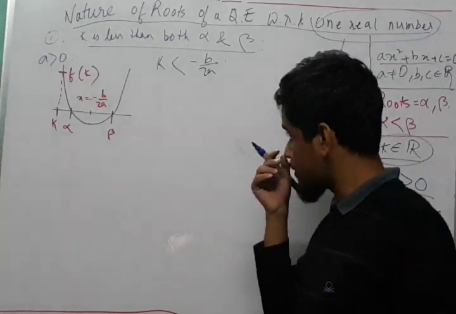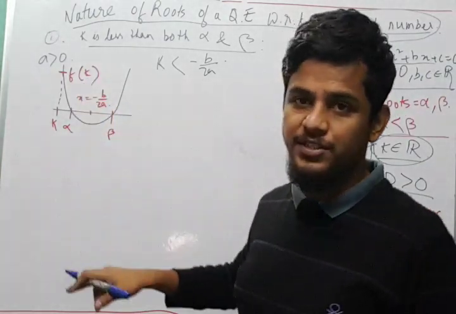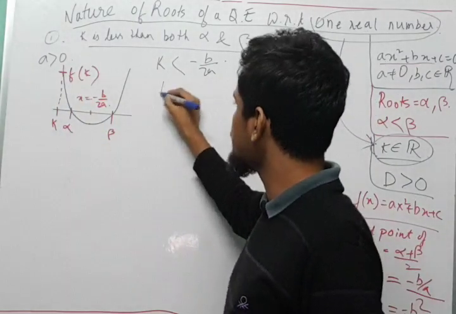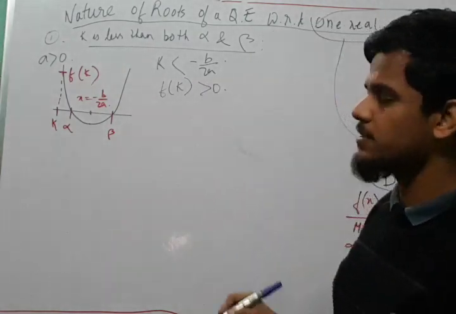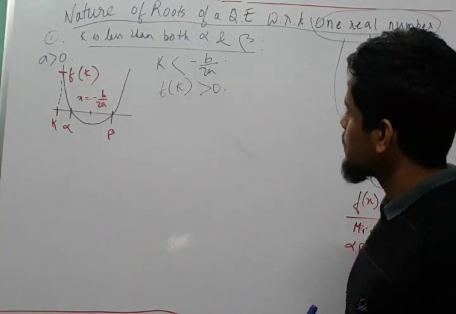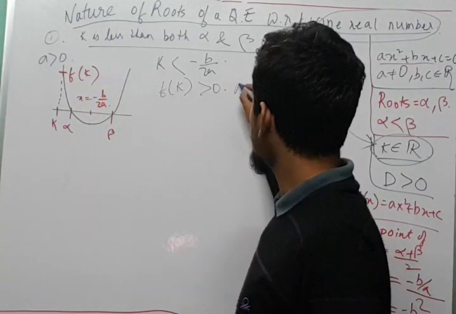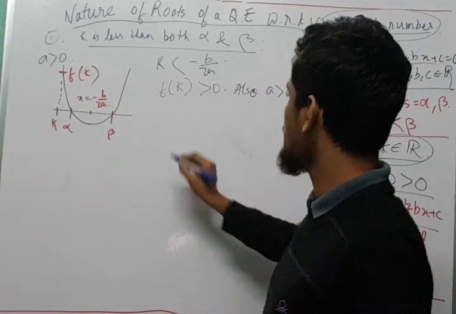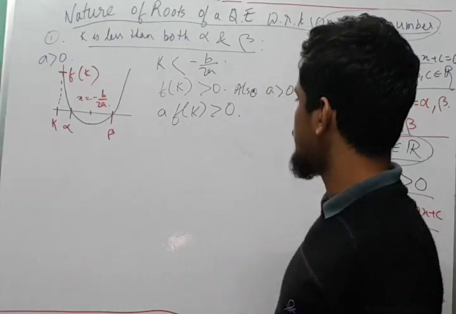The second condition that we'll get is that f of k is positive. And f of k is positive, and also a is greater than 0, so that means that a into f of k will also be greater than 0.